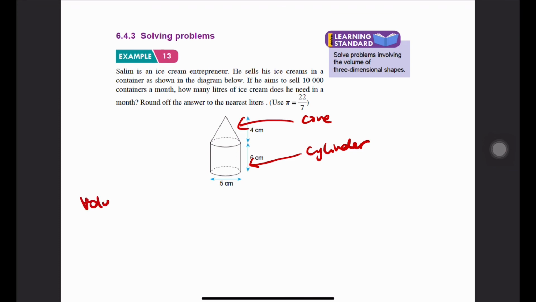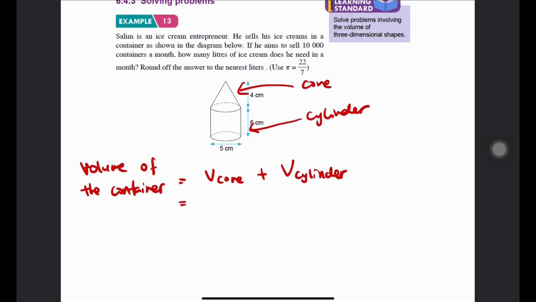We know that this container consists of two shapes: the first one is a cone, plus a cylinder. So the volume of cone plus volume of cylinder. The volume of a cone is 1 over 3 pi r square h, plus the volume of the cylinder, which is pi r square h.